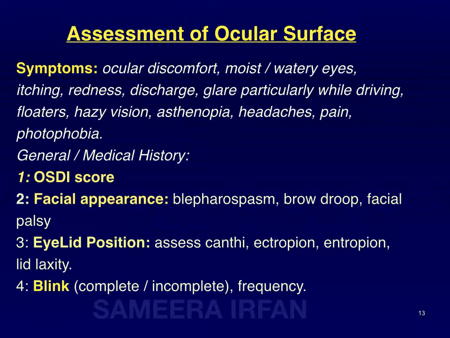Similarly, history of systemic medications like diuretics, antihistamines, oral antihistamines are particularly known to reduce the production of aqueous, beta blockers. So they all need to be mentioned in clinical notes, and stopped if possible.